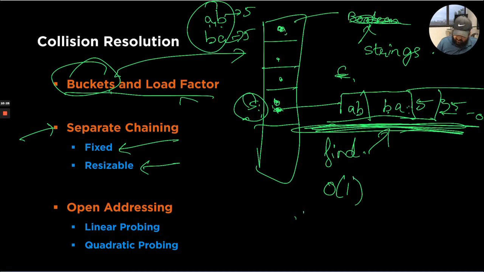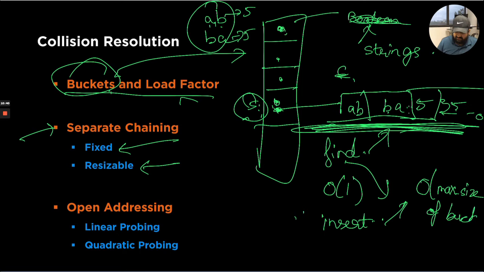So the find operation or the insert operation is going to take O of the max size of the bucket, because each of these buckets now has a size, and this max size could get to n. If all the data members are added into one particular bucket, then searching or adding new elements in the worst case leads to O(n) time complexity.